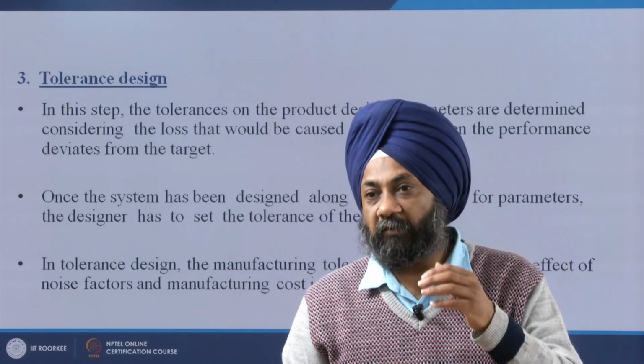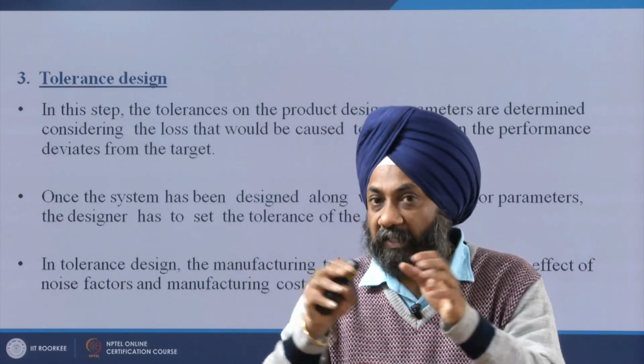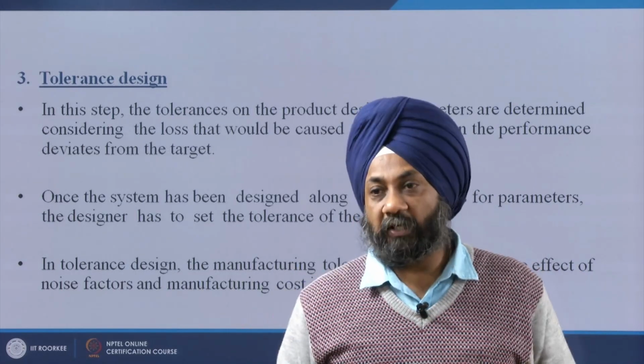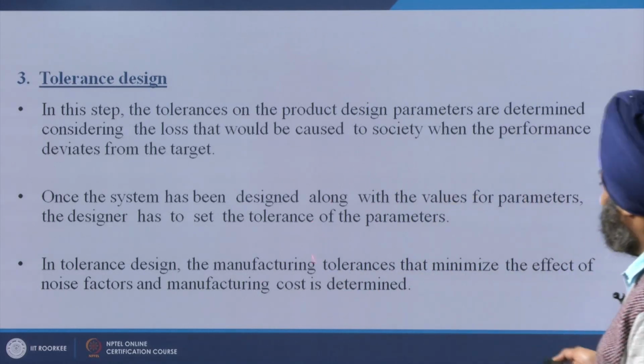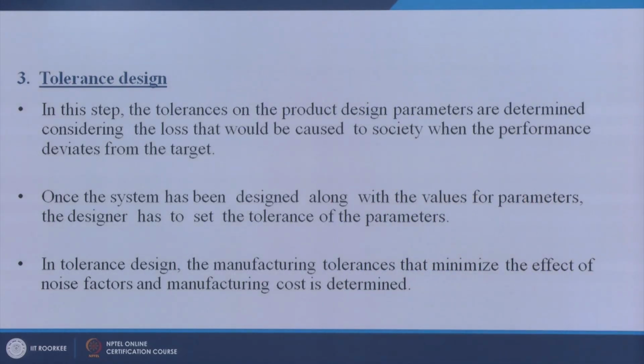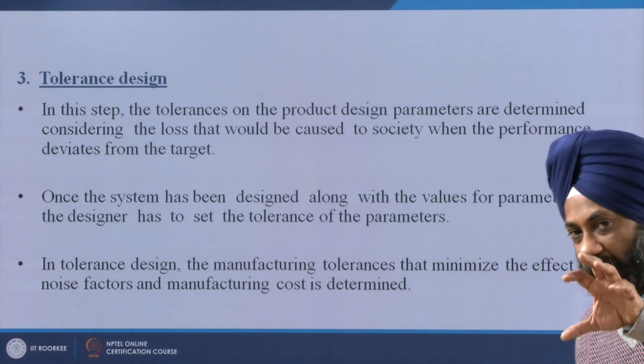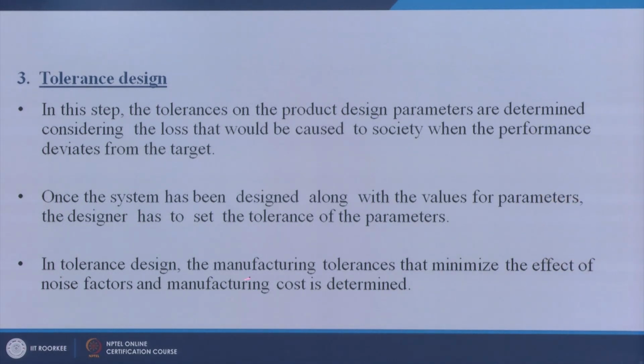Insensitive means that it is not affected by the noise factor. So these are the two things that need to be ensured during the product design process when we are ensuring that the design is going to be robust. So manufacturing cost as well as the noise factors.